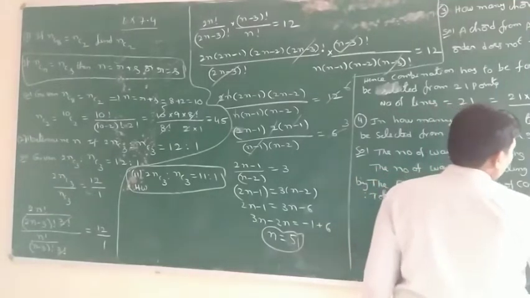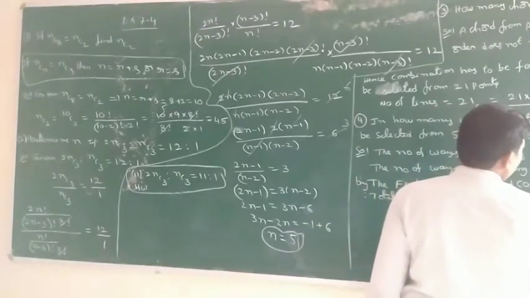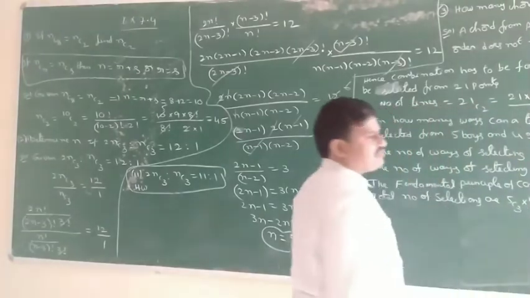So 10 into 4 is equal to 40 ways. Simple problem.